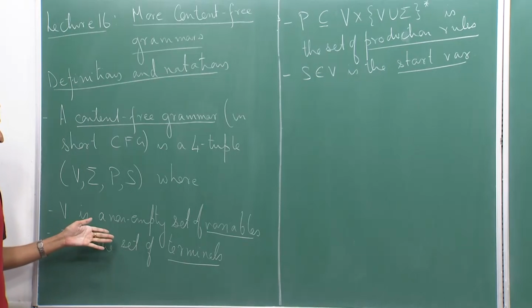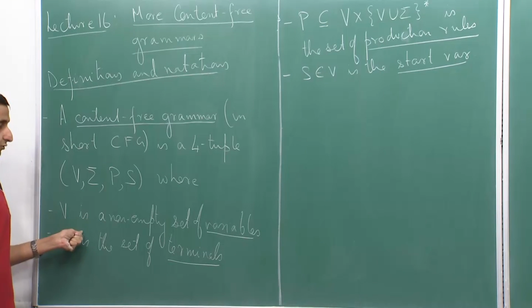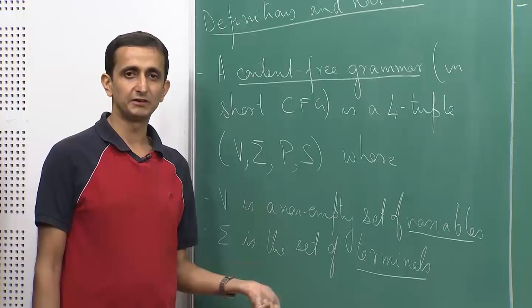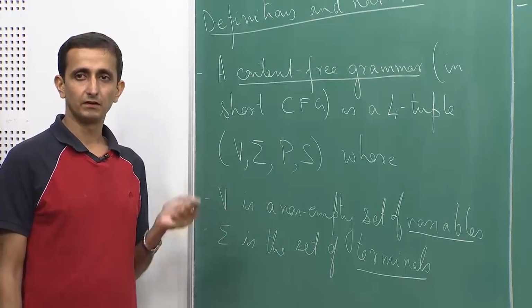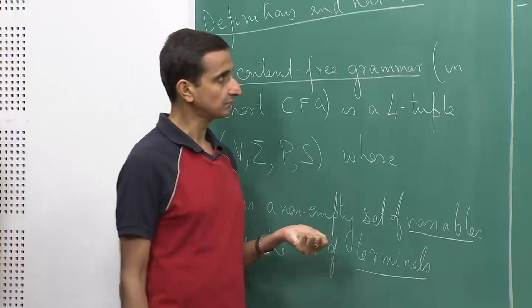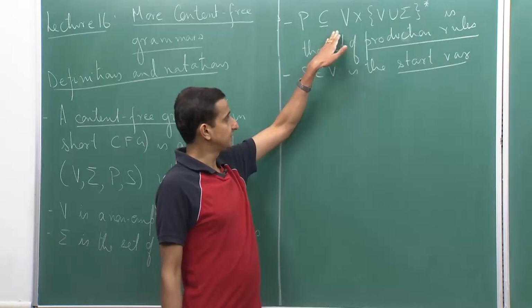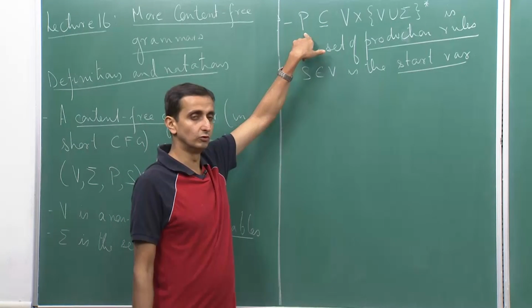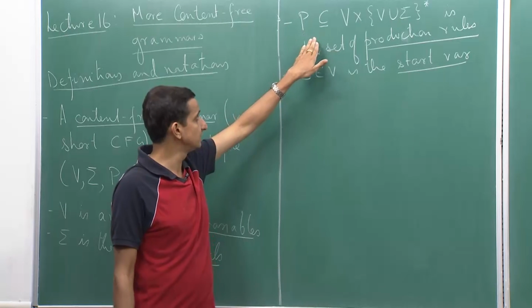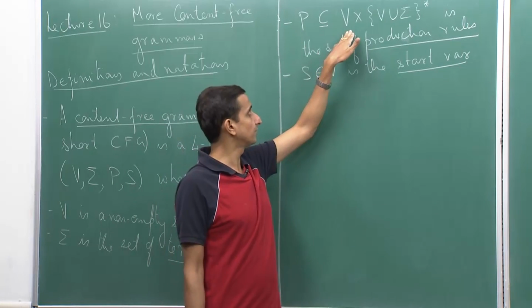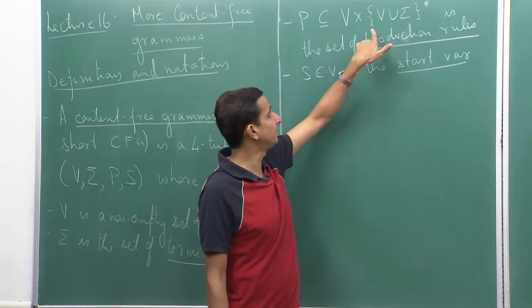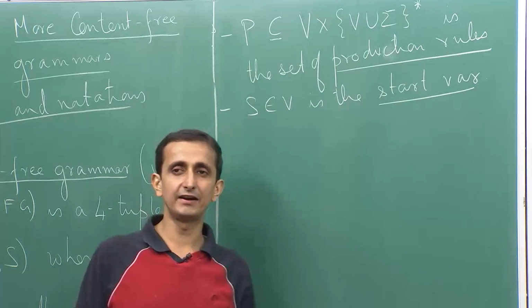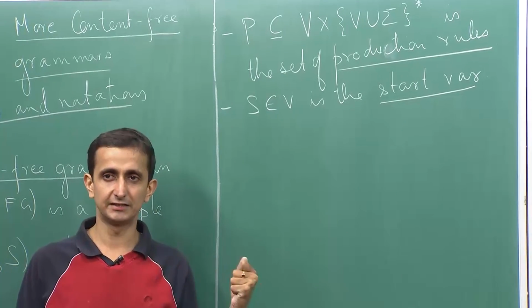As I said last time, we usually denote the variables with capital letters and the terminals with either small letters or numeric symbols. Now this is slightly important. So we have the production rules. We denote the production rules as a subset of the relations from V to (V union Sigma) star. We do not write it as a function from V to (V union Sigma) star.